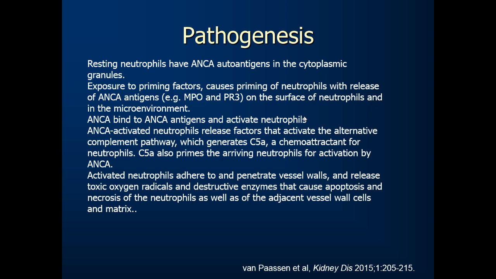The neutrophils are primed, and they release their ANCA antigens either onto the cell surface or in the environment right around that neutrophil. Then circulating ANCA binds to these antigens, the MPO and PR3, and activates the neutrophils. This sets off a cascade of inflammation. Eventually, the neutrophils adhere to and can penetrate the vessel walls and cause destruction and release of oxygen radicals, and then can cause tissue destruction.